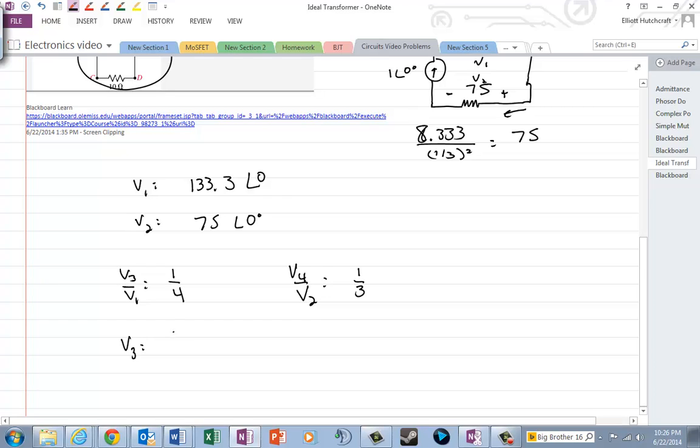So I get 33.3333, and V4 is going to be equal to V2 over 3, so 25.